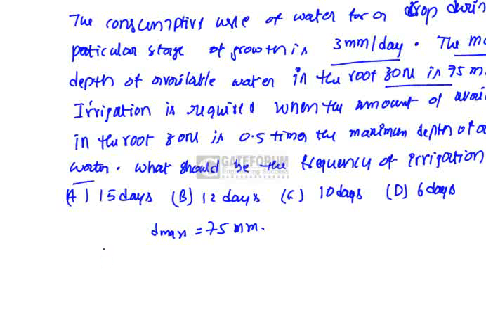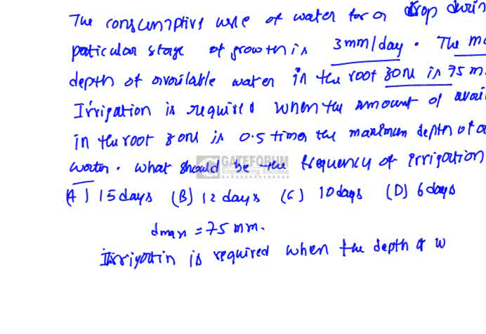So irrigation is required when the depth of water in the root zone is 0.5 times the maximum depth of water, 75 mm, that is 37.5 millimeters.